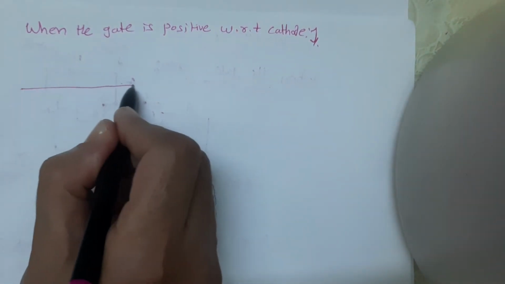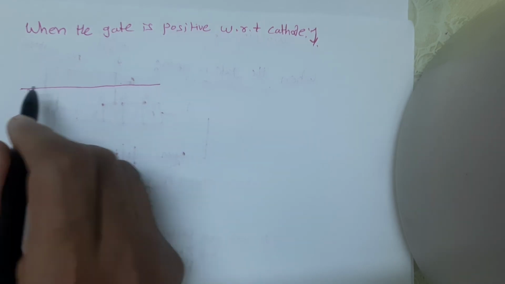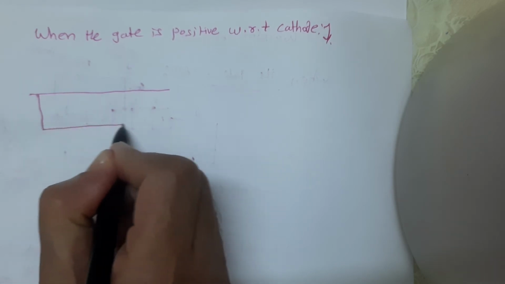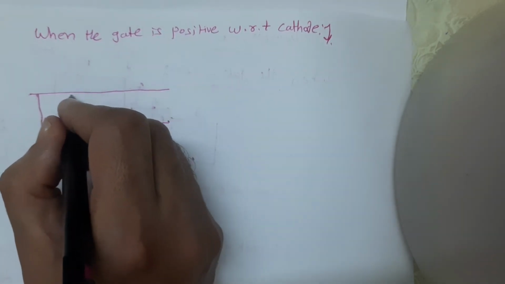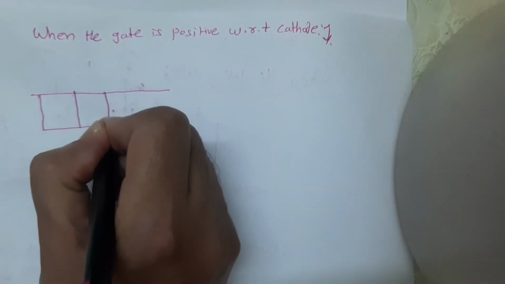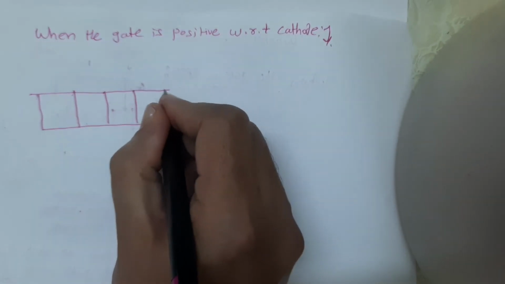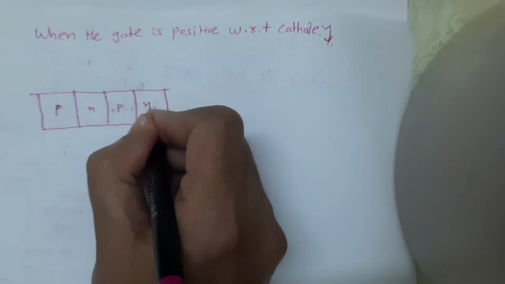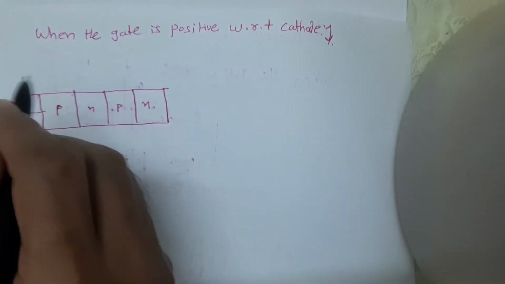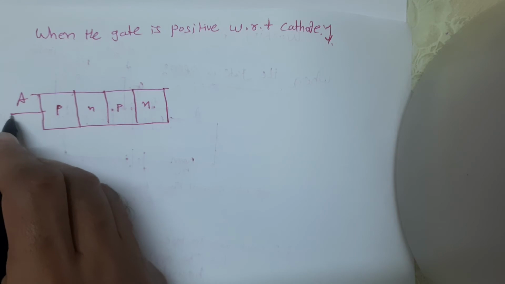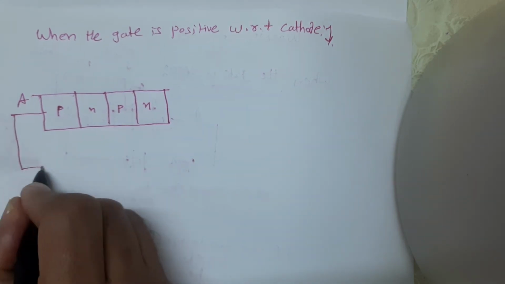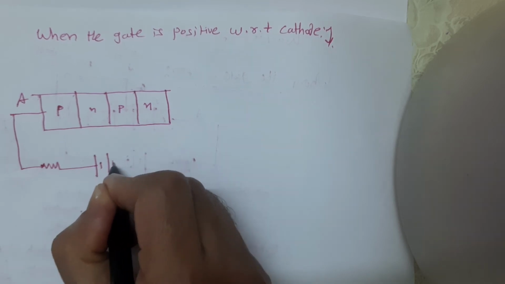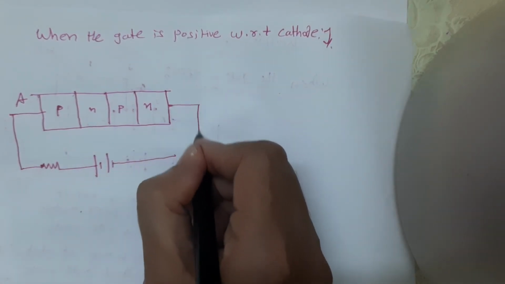This is your PNPN structure. This is your anode, connected to RL with positive voltage, and negative connected to the cathode. This is your cathode.